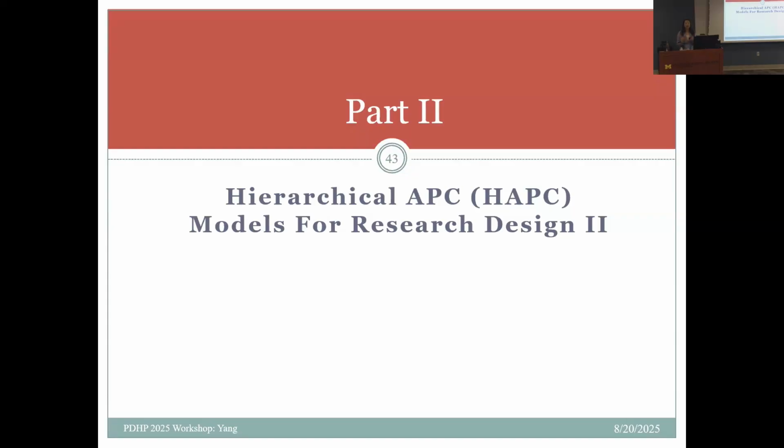That's where I, as a sociologist, start to become a little bit more excited about using these new ways of looking at the data that can help me do more things. So this part is about hierarchical models applied to APC analysis. I put them together as hierarchical APC or HAPC models for research design 2.